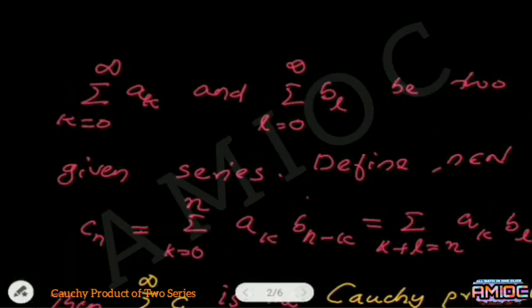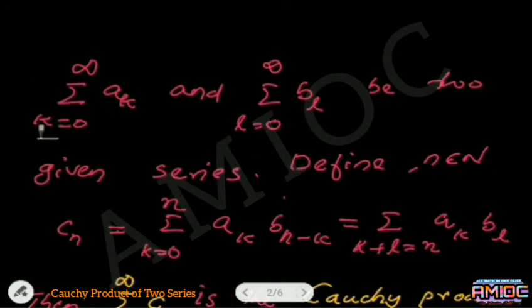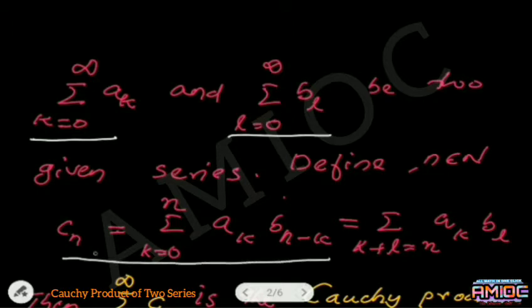That is, we are given two series, summation k equal to 0 to infinity a_k and summation l equal to 0 to infinity b_l. We defined a new sequence associated with the given two sequences by C_n equal to summation k equal to 0 to n of a_k b_(n minus k), that is also equal to summation over k plus l equal to n of a_k b_l.